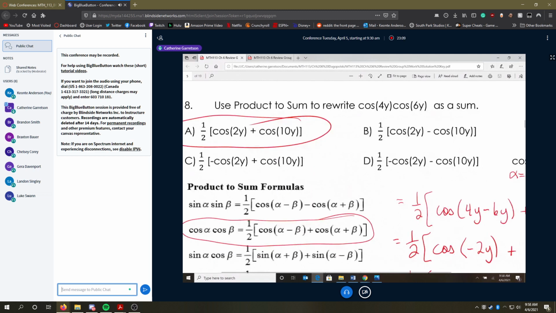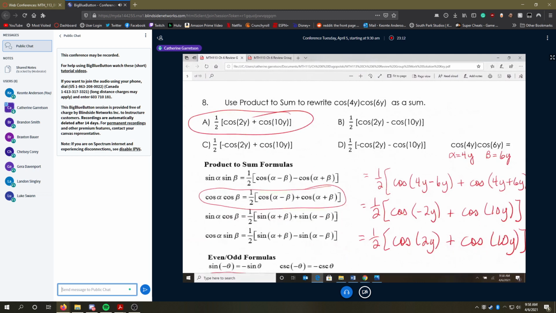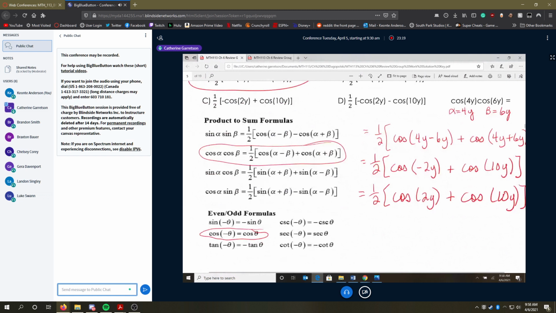Now, the problem with cosine, it's different than the sine. The even-odd identity says that to rewrite it as a positive angle, I just rewrite it as a positive angle, and I don't do anything. I don't multiply by negative 1. The cosine of a negative angle has the same value as the cosine of a positive angle.